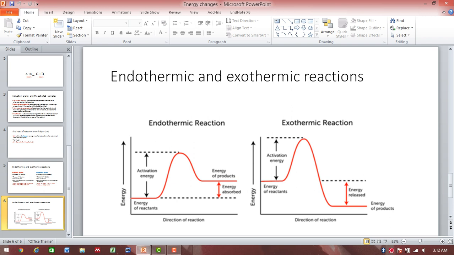Therefore, it means the energy has been lost here. There has been a release of energy. That's why you see the products having lower energy than the reactants. It means the delta H in this case is less than 0 or is negative.